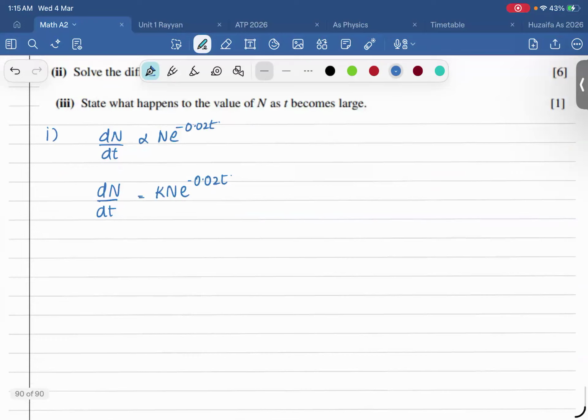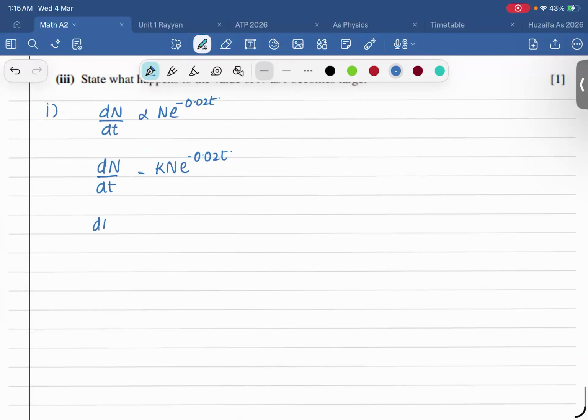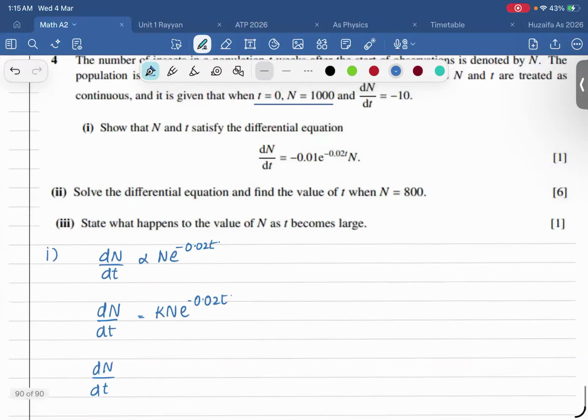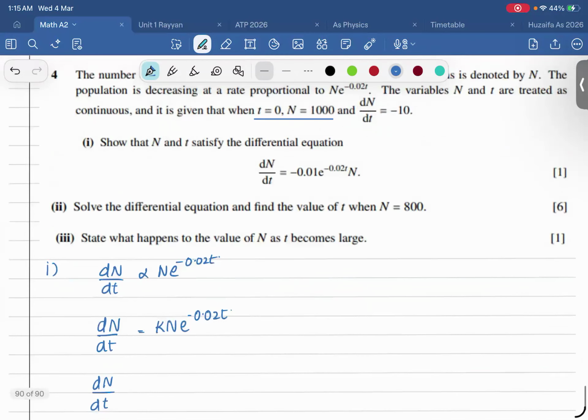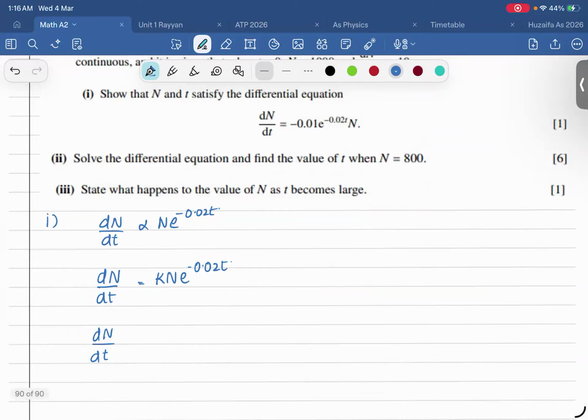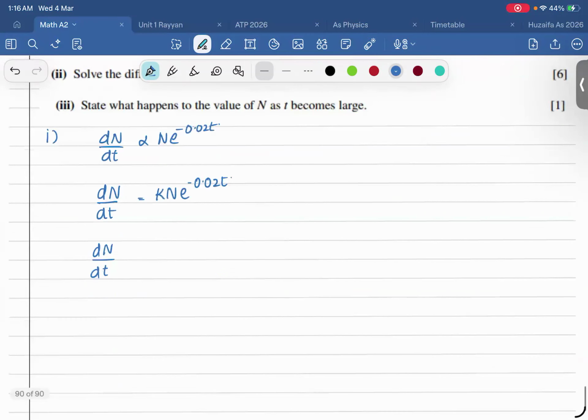So dN over dt, we also have to put the negative sign, negative 10.